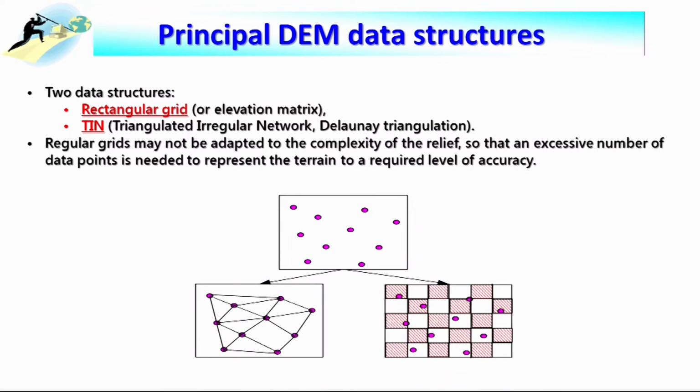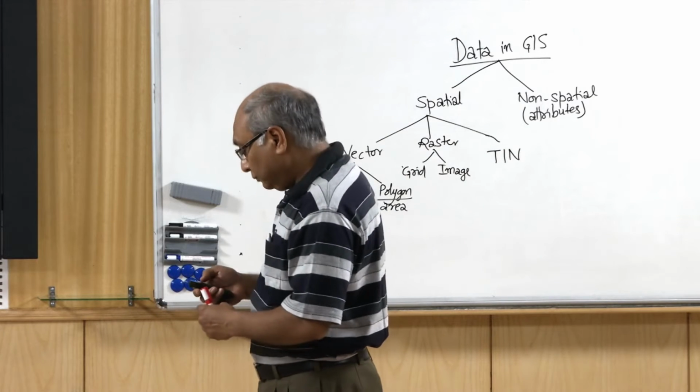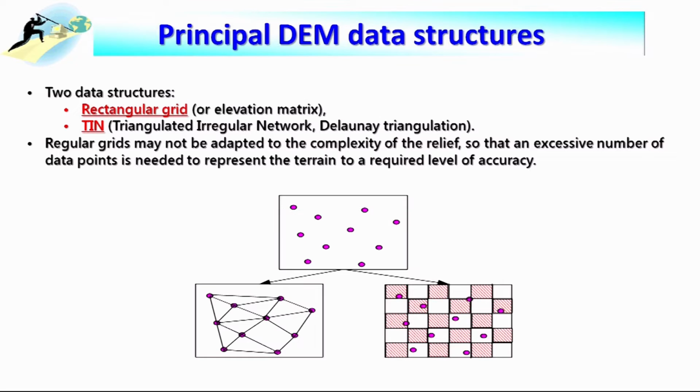Obviously each and every data model, whether vector data, raster data or TIN, has its own advantages and disadvantages. Suppose there is point data, which is discrete, and I want to make continuous data. I can create a regular grid through interpolation techniques, which we will discuss later in this course, using these points as observation points.